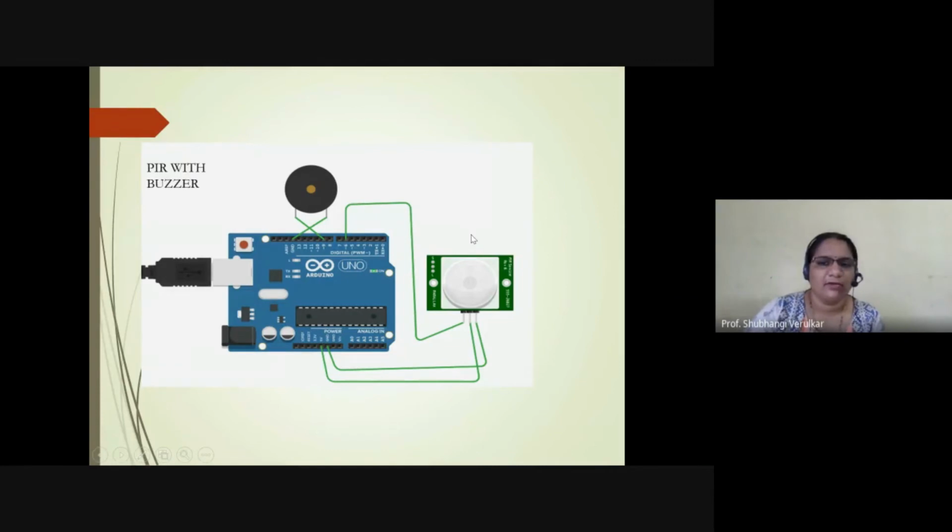When I go on the screen, automatically you will get its 3 terminals, like VCC, ground, and input. So you have to connect directly. Then this is a buzzer which has a ground and a positive terminal. You have to connect it in output mode. So I think the connection is clear to you people. You people are the ones who are going to do it and tell me the connection when I design the circuit.